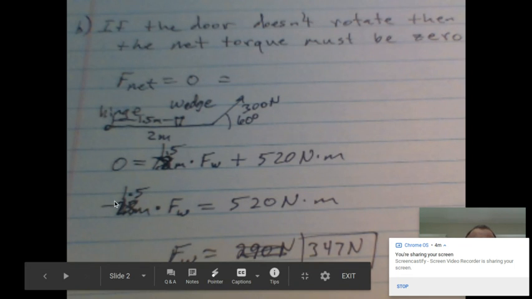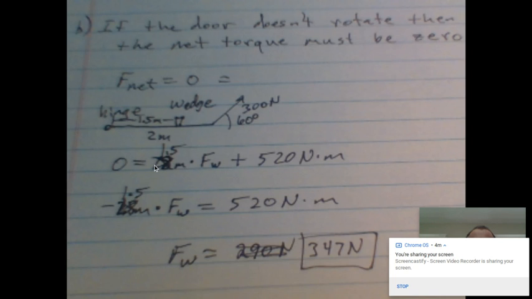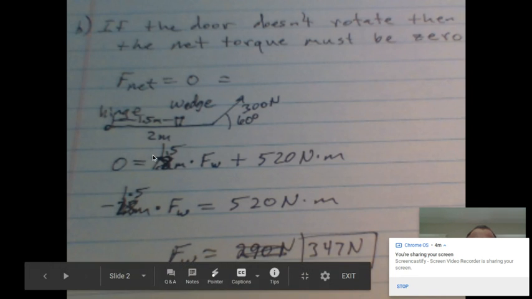This negative sign shouldn't be here because we added 1.5. The negative sign should have been here, and this should not have a negative sign. Then we divide both sides by 1.5, and we get a value of 347 newtons.